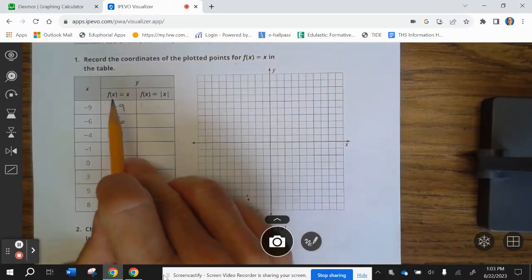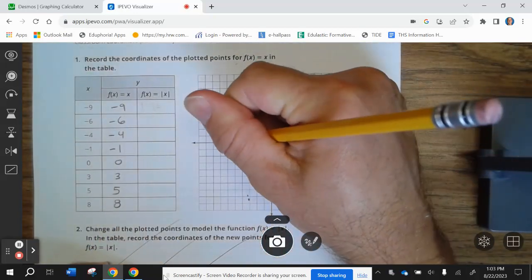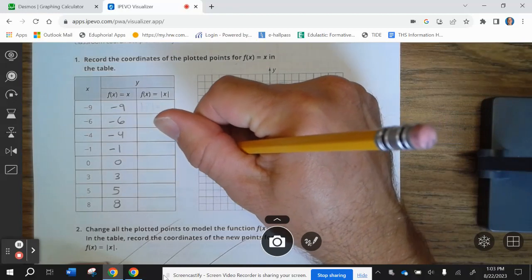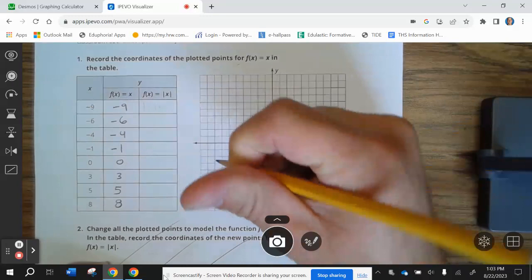All right, so let's go ahead and graph f of x equals x in pencil. Negative 9 is right there.